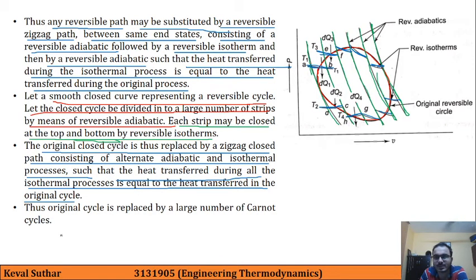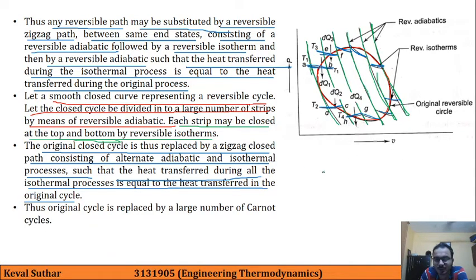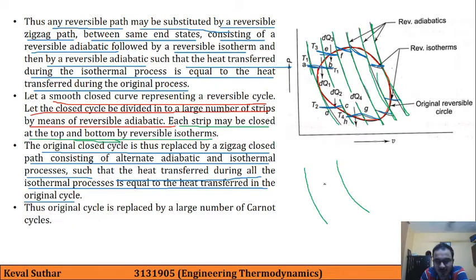So why are they saying it to be a Carnot cycle? Because here if you see, if you take a single particular section, then if we take the first section, it is like this, and here we are also having this.